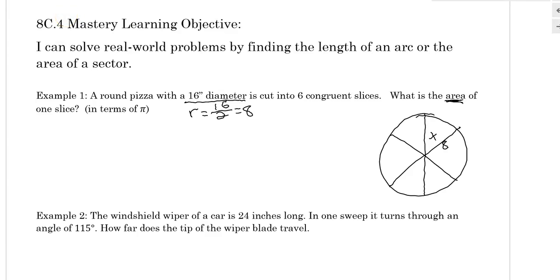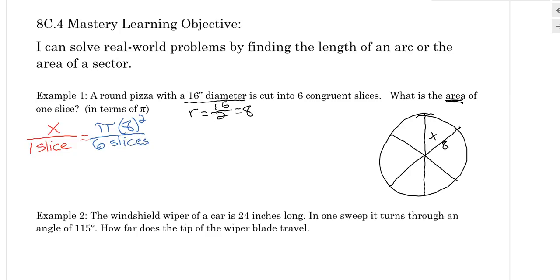Okay. So again, the area of one slice is going to equal the total area, pi r squared, r was 8, of all 6 slices, right?